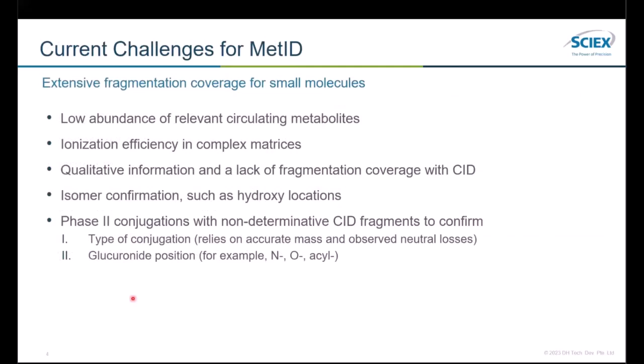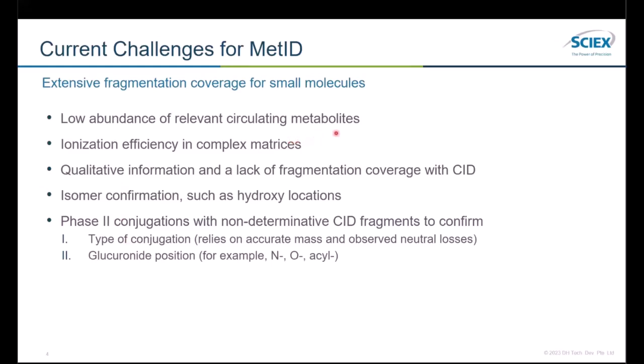Moving to the next one, on the current challenges for MetID. We know that MetID has been done for years, and it's a very important phase, as we discussed in the previous slide, when we talk about the drug discovery process. One of the major challenges that we see with MetID experiments is the low abundance of the relevant circulating metabolites, right?